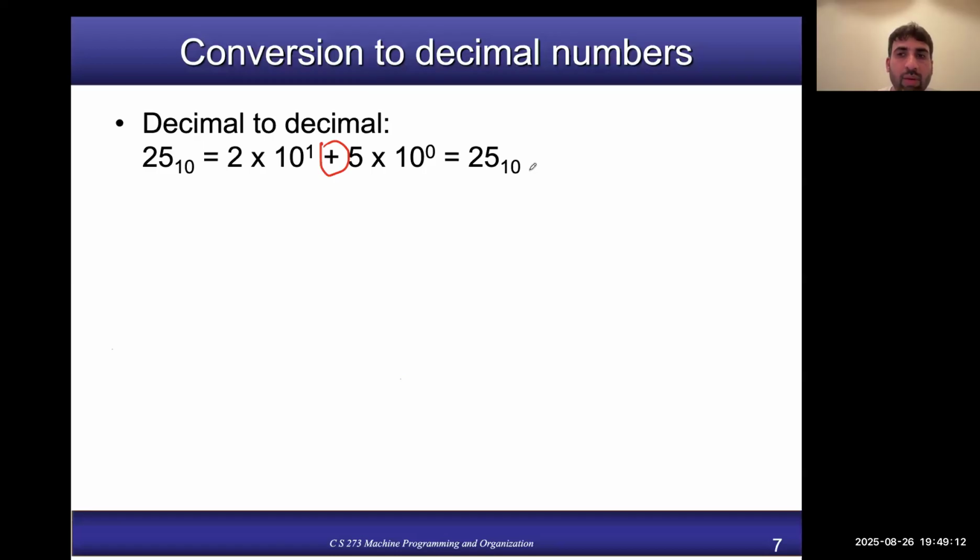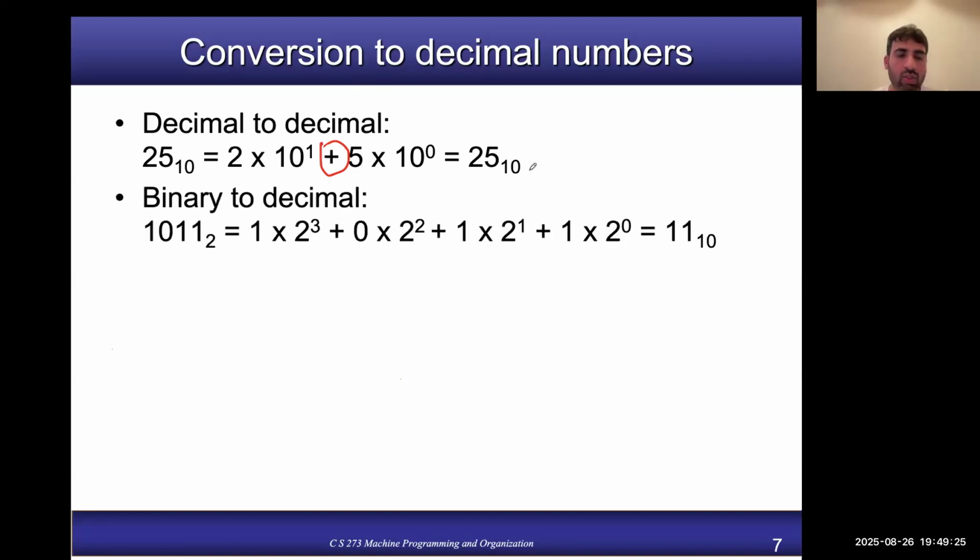Exactly the same approach is used whenever you want to convert numbers written in other systems, for example binary, into decimal numbers. So here is an example of how we can convert a number specified in binary to its equivalent decimal value.